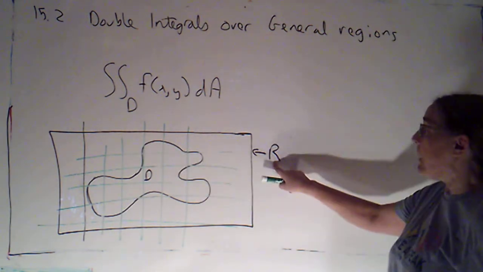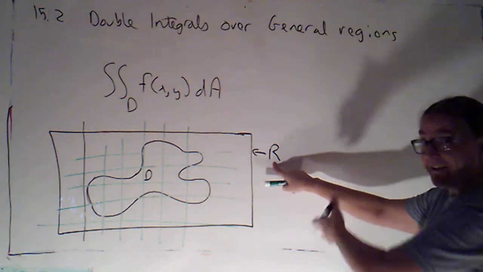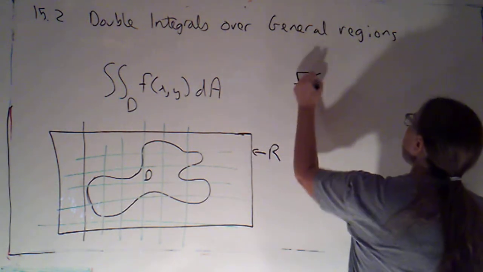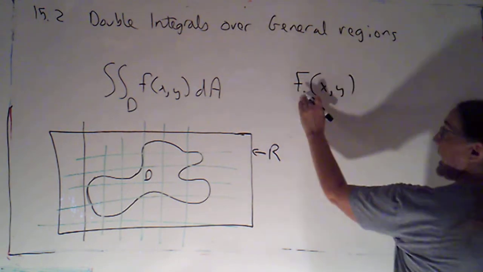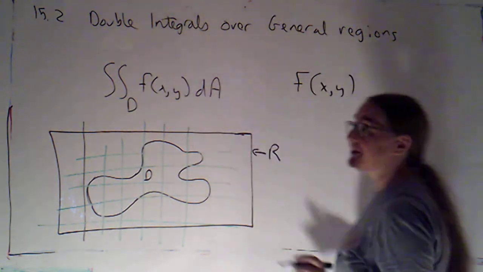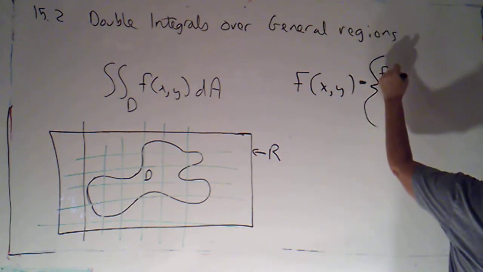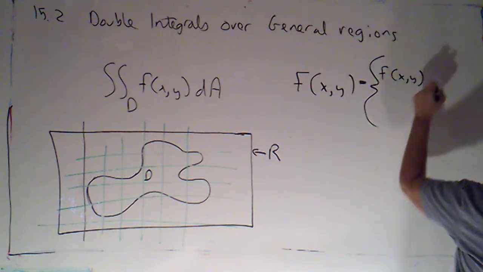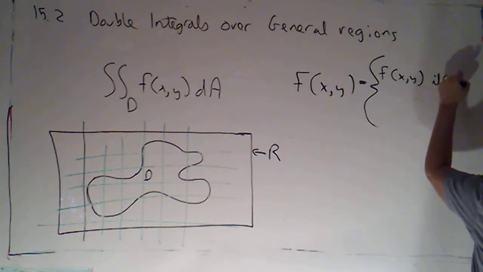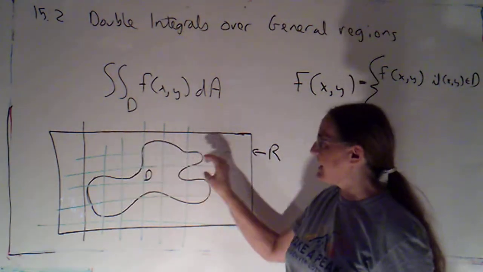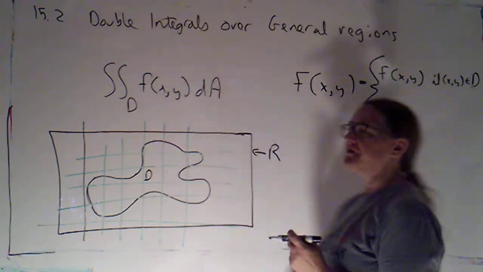Now, I can certainly chop R into a bunch of little subrectangles. And then I'm going to define F of x y, capital F, as opposed to little f. It's going to be exactly the same as my height function if x y is in D. So it's going to do exactly the same thing on D that this function is doing.